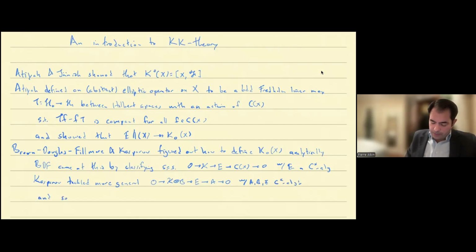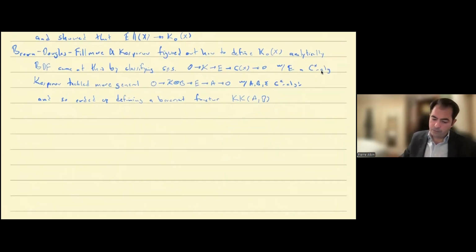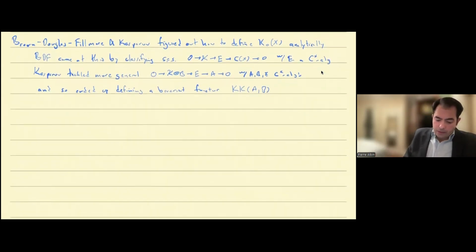And so he ended up defining a bivariant functor, right? KK of A and B. So KK of the complex numbers and the continuous functions on X gives us the topological K-theory of X, right?